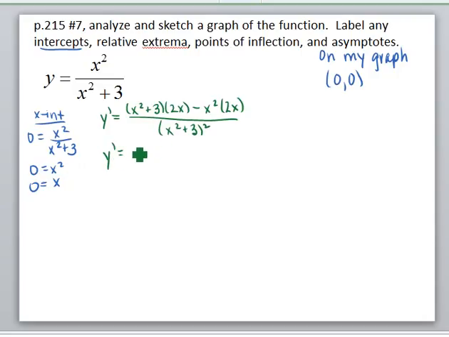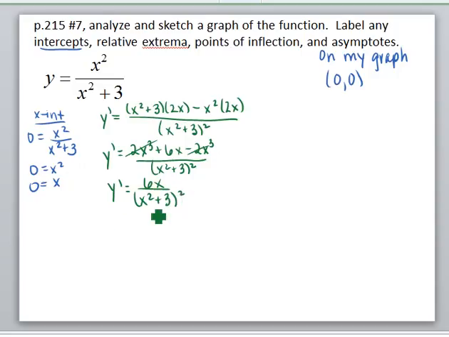This ends up giving me 2x cubed plus 6x minus 2x cubed, all over (x squared plus 3) quantity squared. Those cancel and I'm left with 6x over (x squared plus 3) quantity squared.